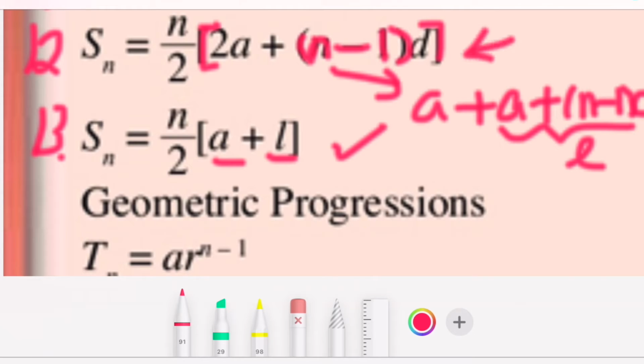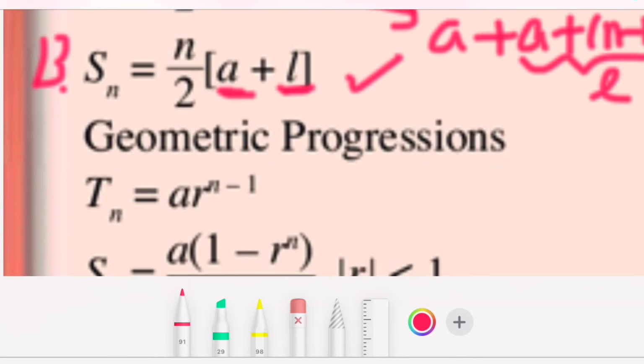This one, we don't have the last term, so we will start from the first term and the common difference. For number 12, you have to find the common difference and the first term. For formula 13, you will use it when you have the first term and the last term and you don't have to find the common difference.